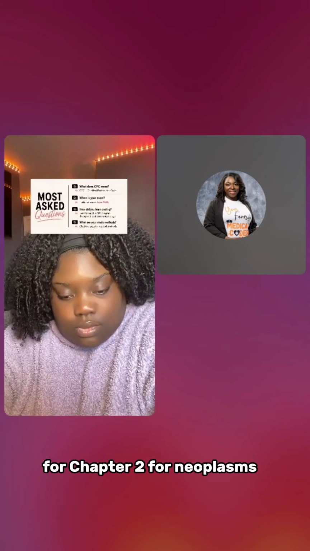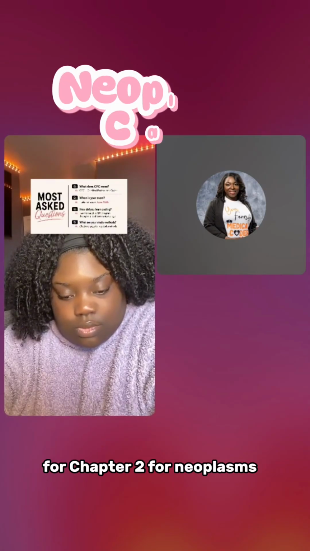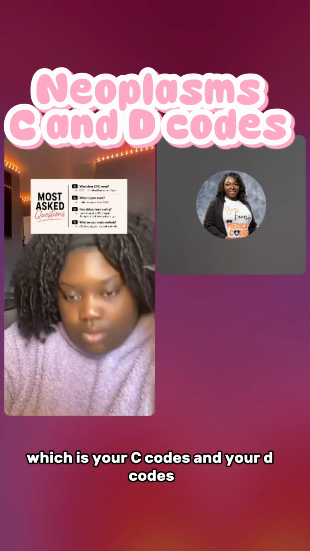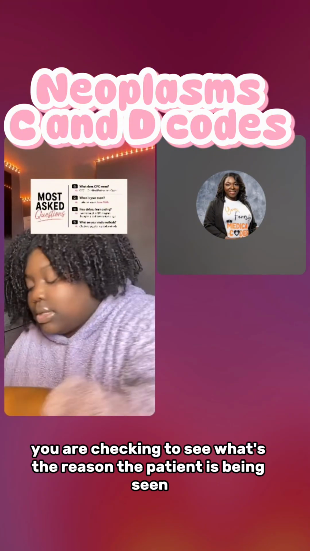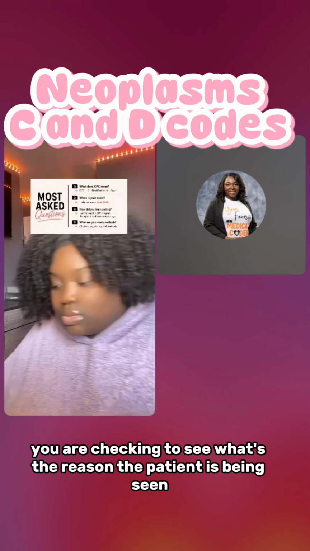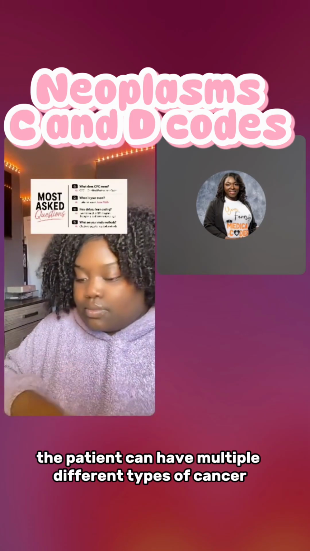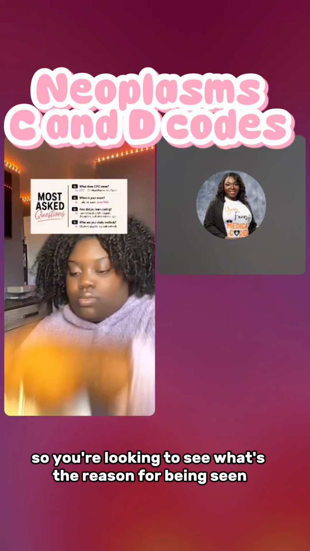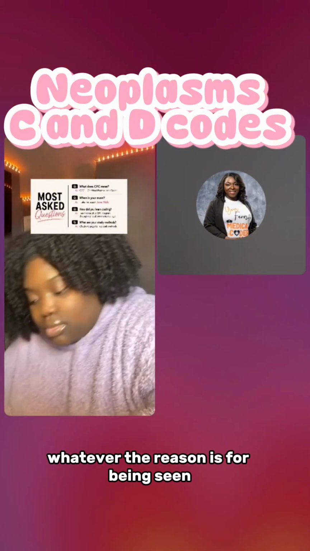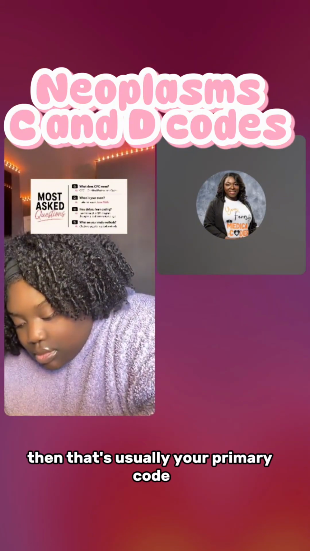For chapter 2, for neoplasms, which is your C codes and your D codes, the way to sequence those, or to review the guidelines, is you are checking to see what's the reason the patient is being seen. Because remember, the patient can have multiple different types of cancer. Whatever the reason is for being seen, that's usually your primary code.